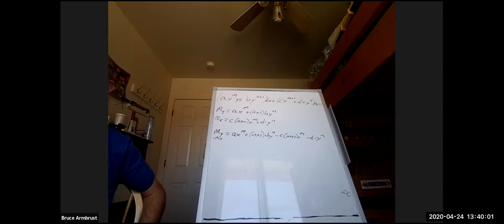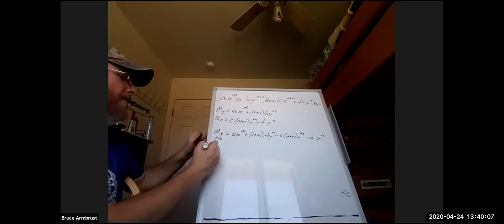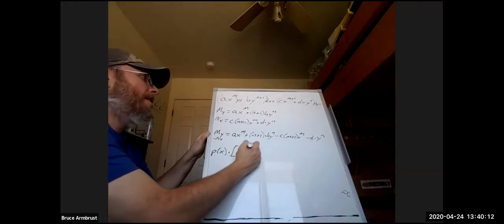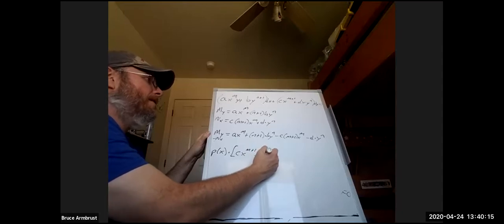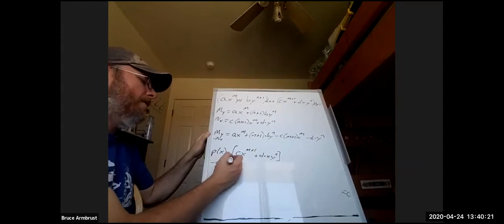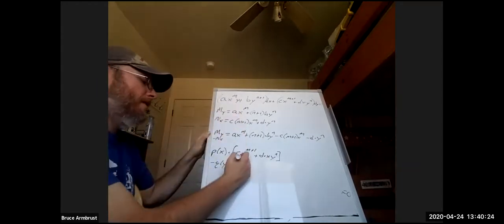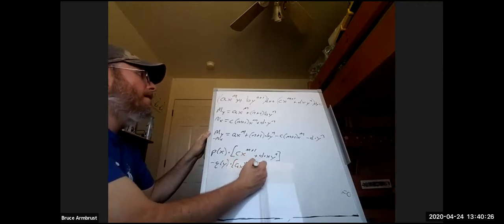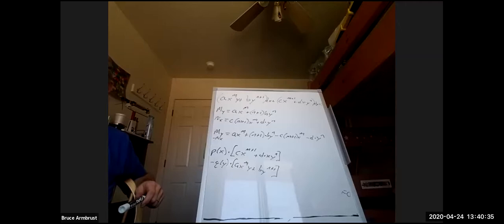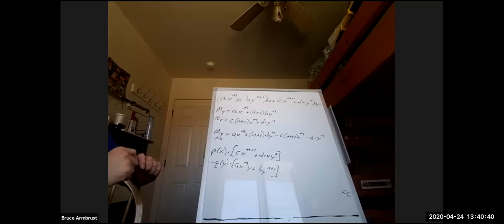All right, so let's see if we can do that. So we need to have some p of x times N, or p of x times c x to the m plus 1 plus d times x y to the n, and then minus some multiple q times M, which is the a x to the m y plus b y to the n plus 1.